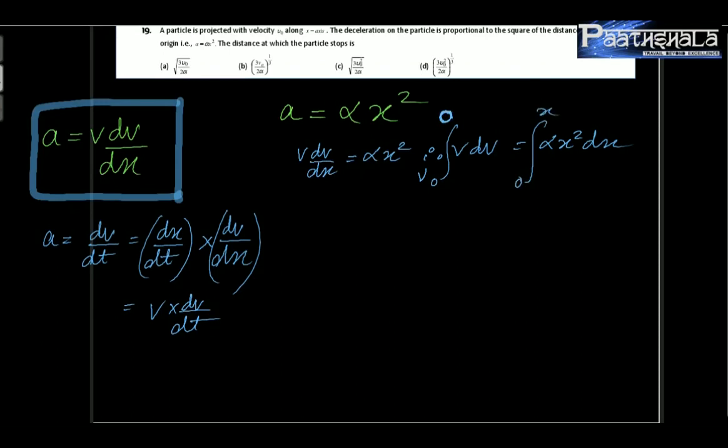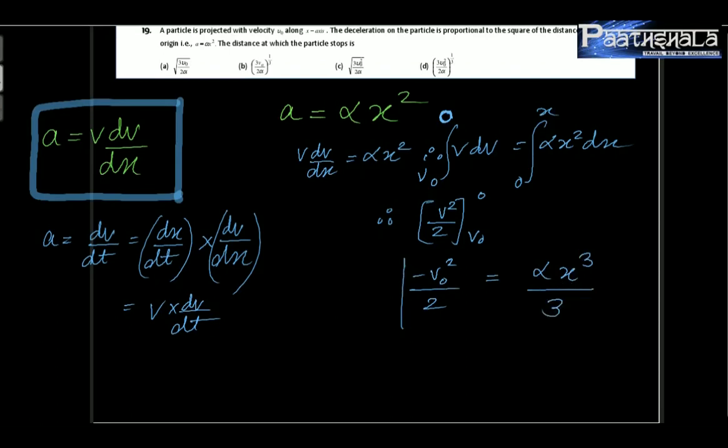So this is v square by 2, from v0 to 0, so this is like minus v0 square by 2 essentially, is equal to alpha x cube by 3. We have to take the magnitude naturally because distance has been asked.